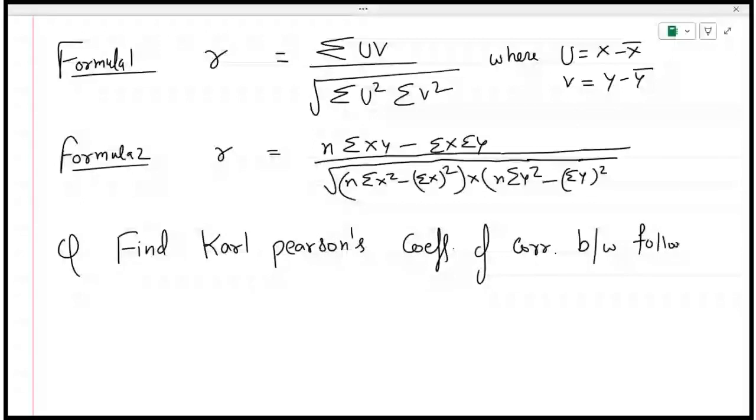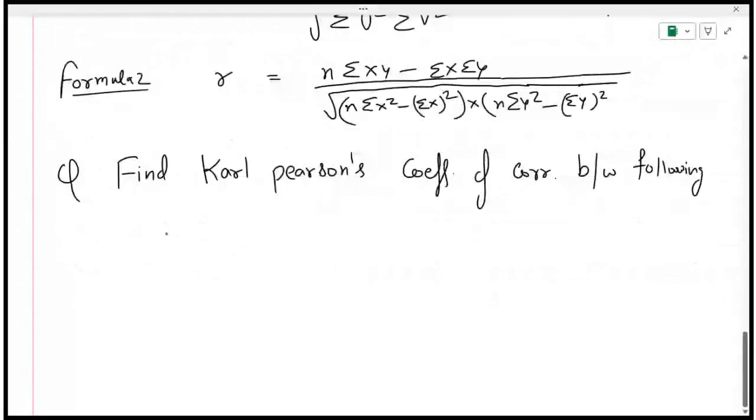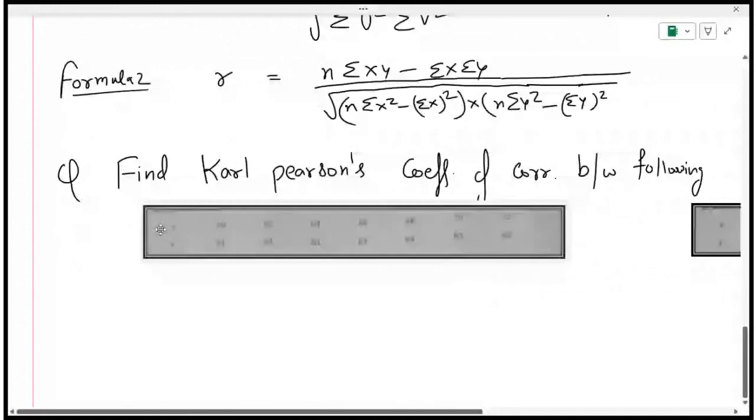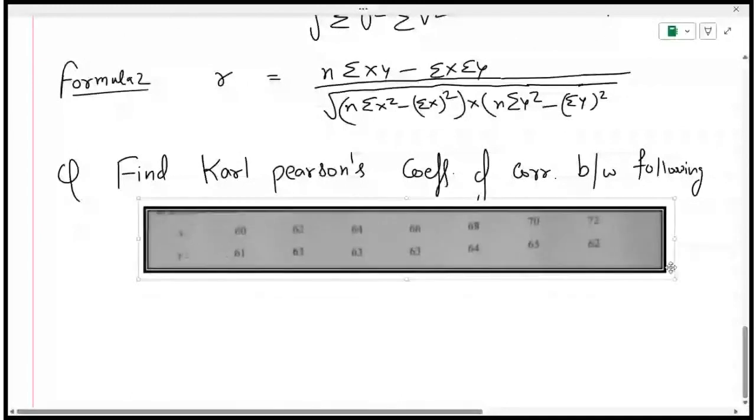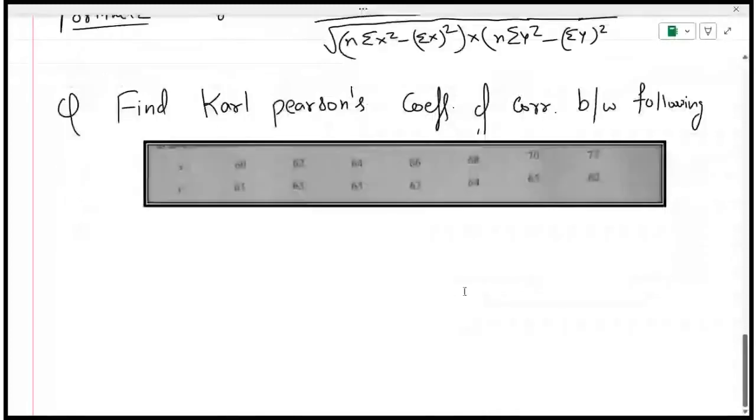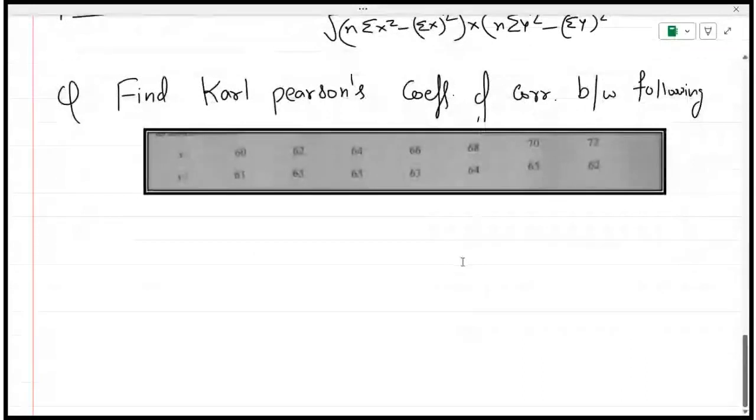I have pasted this question here. So this is the data between which we have to find the Karl Pearson correlation coefficient R. We have to find the value of R.